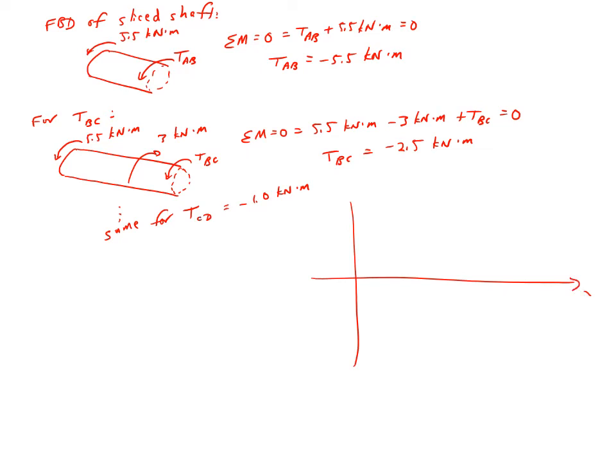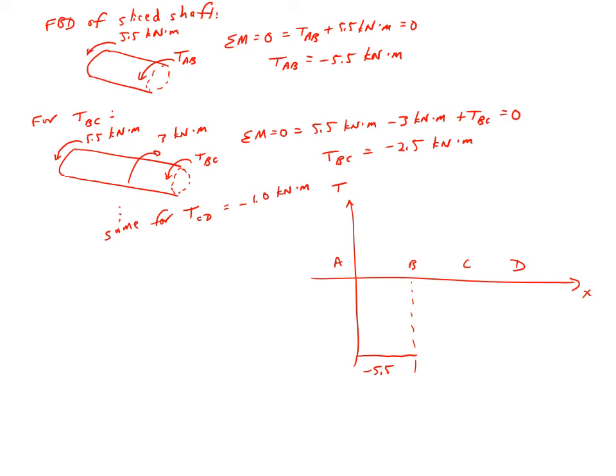So here's X, here's the torque, and I can say, along the length of the shaft, we've got A, B, C, D like this, and in between A and B, I've got a moment of negative 5.5 kilonewton meters.